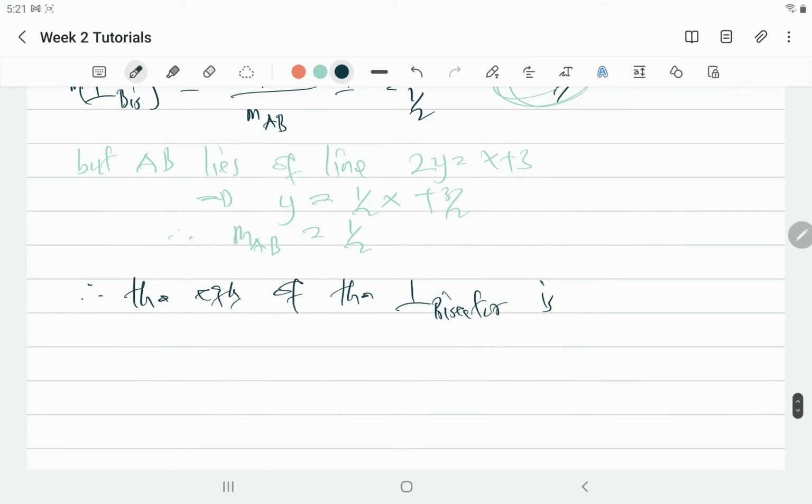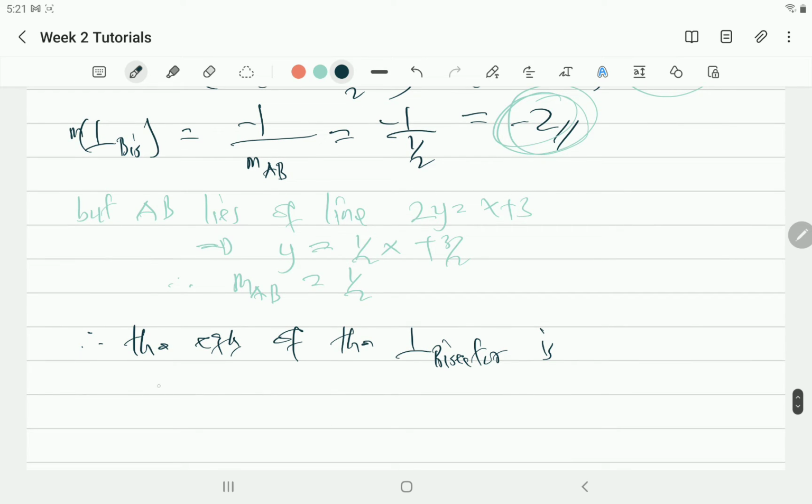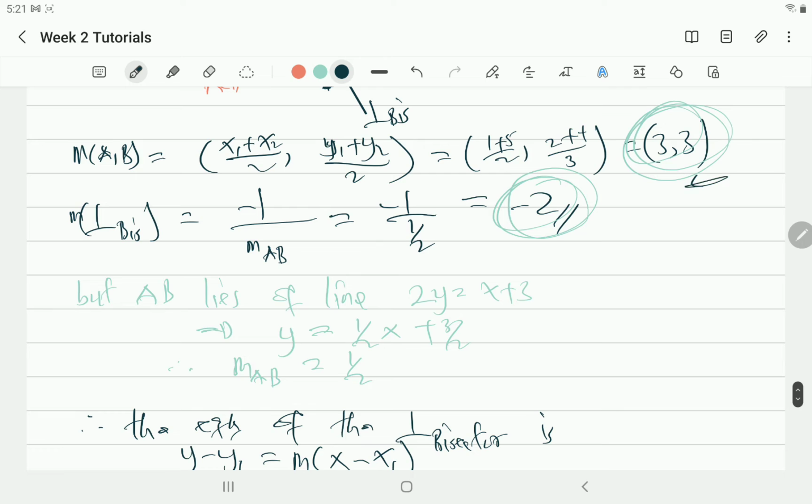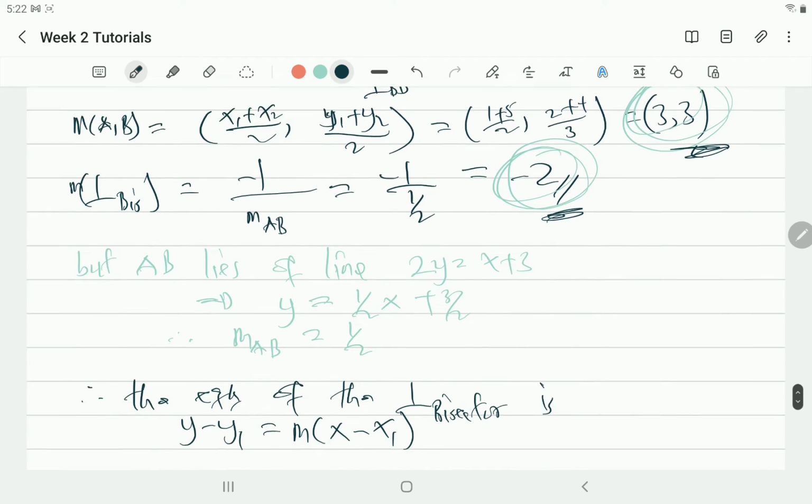is, so I just go to the formula and I use it. So y minus y1 equal to m into bracket x minus x1, and we have everything already. The point is (3, 3), and the gradient is -2. So I just look at those two pieces of information to solve it.